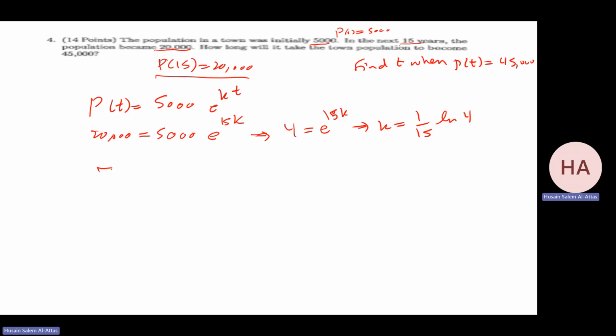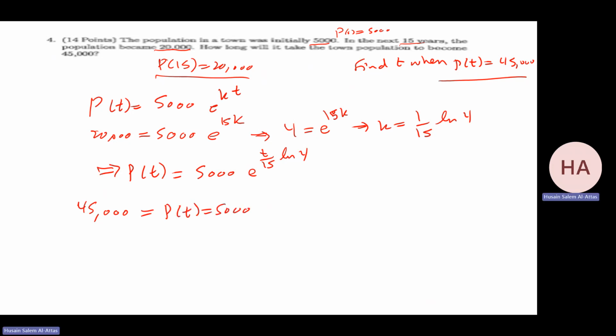Okay, so P of T will be 5,000 e to the power T over 15 ln 4. I need to find this. So for 45,000 equal P of T, which is 5,000 e to the power T over 15 ln 4.